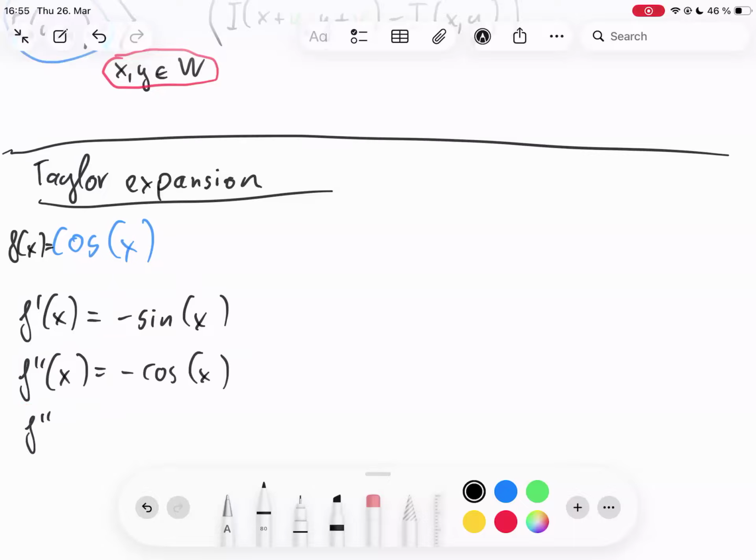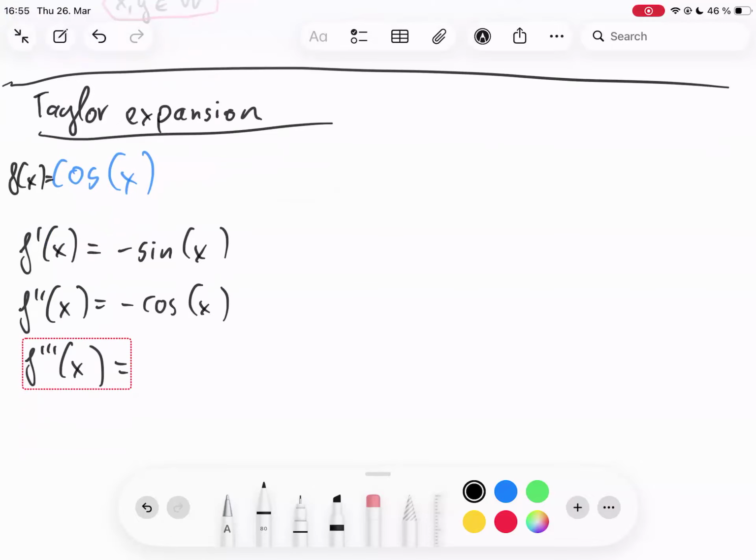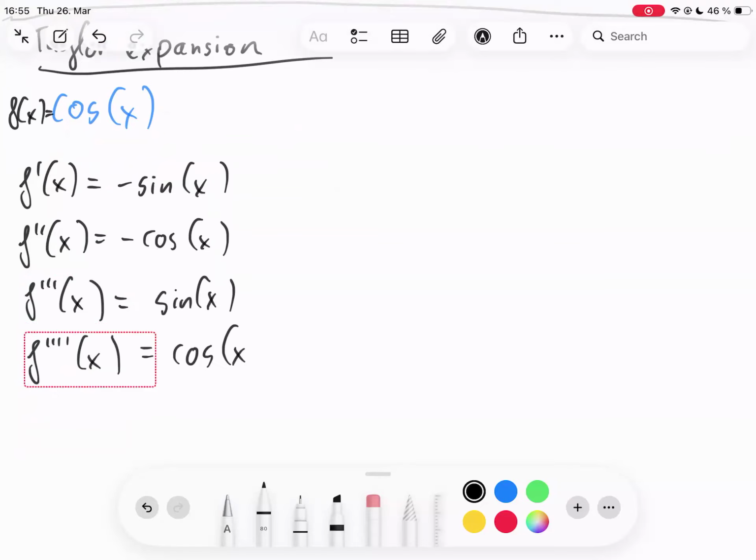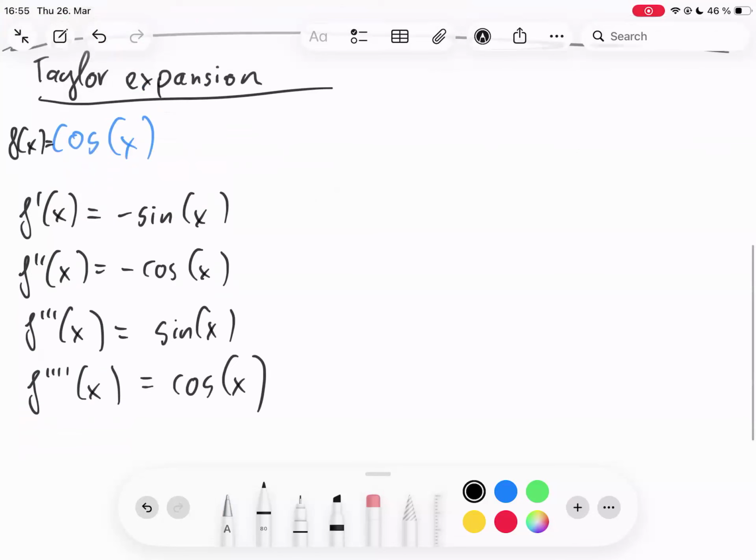And the third order derivative is which one? Exactly, sine of x. And then the fourth order derivative is cosine of x. And then this keeps repeating.